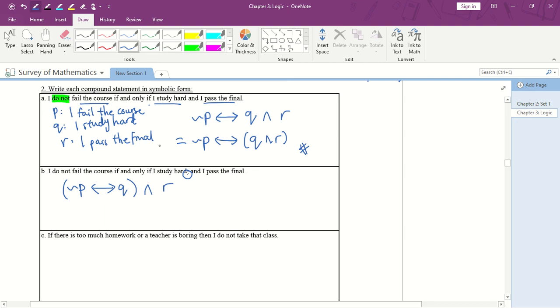Now you can see that this is totally different from this one. Because in this one we have the biconditional as the most dominant, that's why we separate this as one thing and this as one thing. But for this one, since we put the parenthesis here, now this is one group and this is one group, and this conjunction is our main connective here.